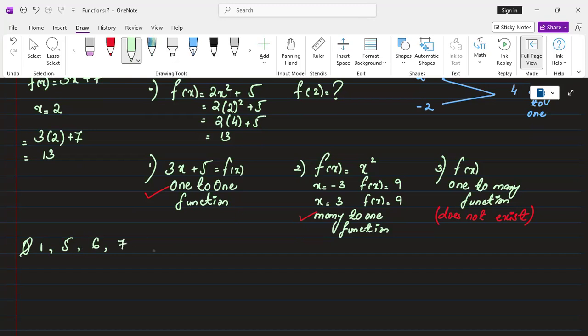Seven. Just try to solve these four questions first.